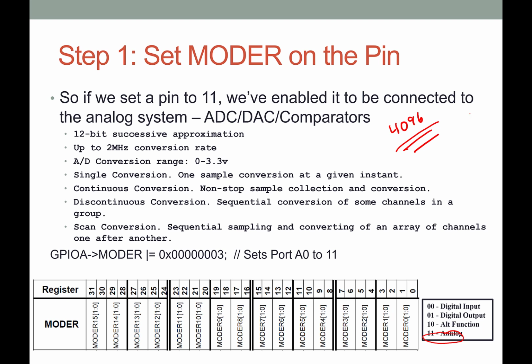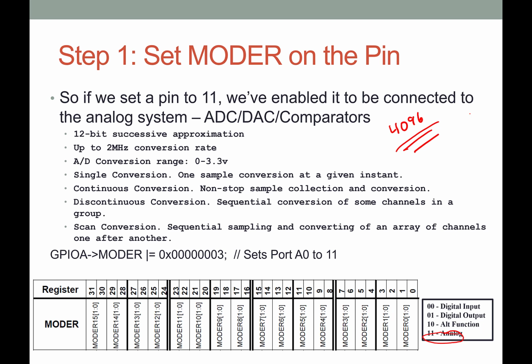We can do, it says here, discontinuous conversion, which means sequential conversion of some channels. So that's sort of saying you're doing a bunch of channels but just a single time for the conversion. Or scan conversion, which means sequential sampling and converting of an array of channels one after the other. So this is like scanning and continuous, so multiple and continuous conversion at one time.